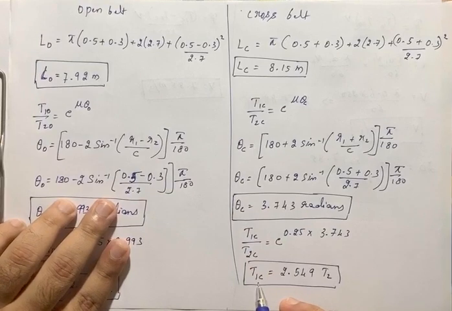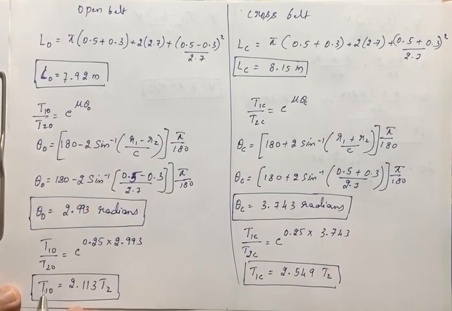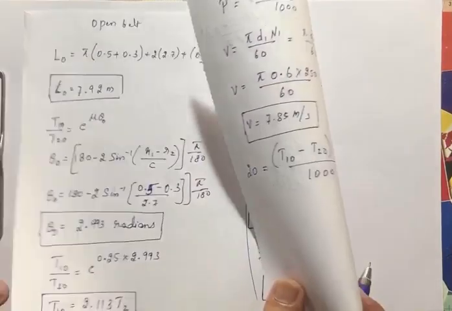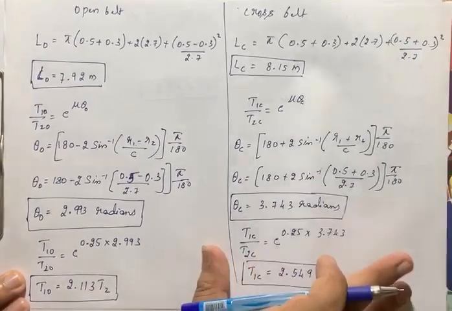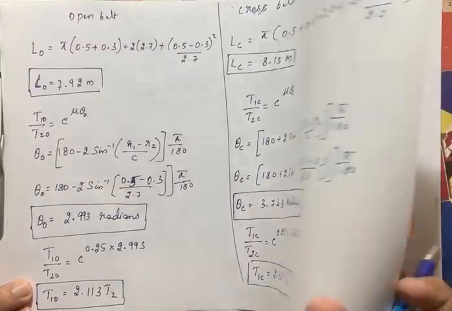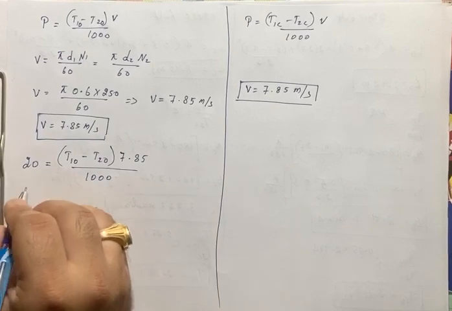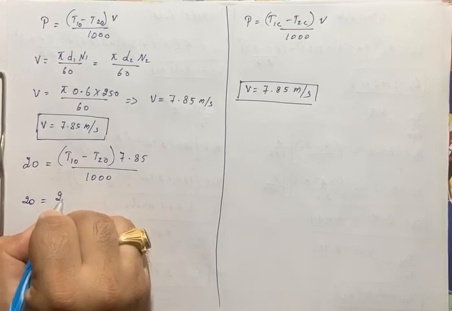T1O is equal to 2.113 T2. So, in place of T1 I will substitute 2.113 T2. Wherever I have T1 I will substitute it as 2.113 T2 here.